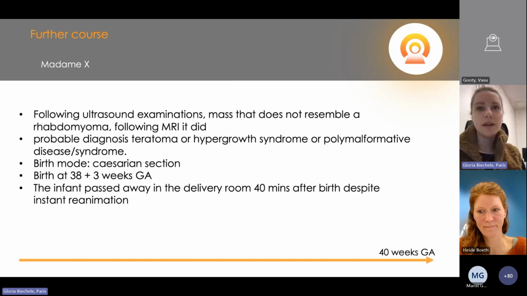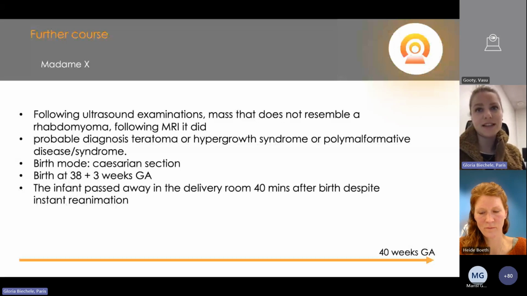So following ultrasound examinations, the heart mass did not resemble a rhabdomyoma because in ultrasound it was heterogeneous. It had a heterogeneous signal, and the cardiopediatrician assumed a teratoma. But following the MRI, it was homogeneous, and I think it resembled a rhabdomyoma.